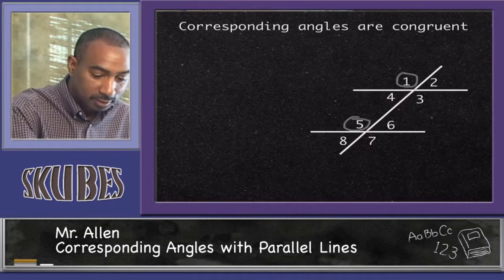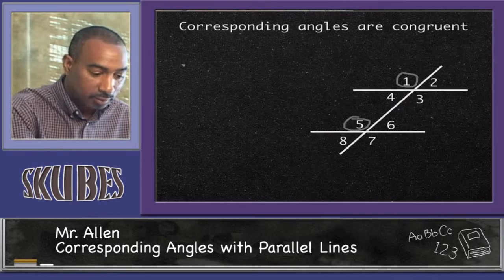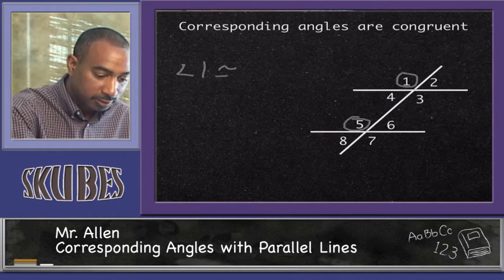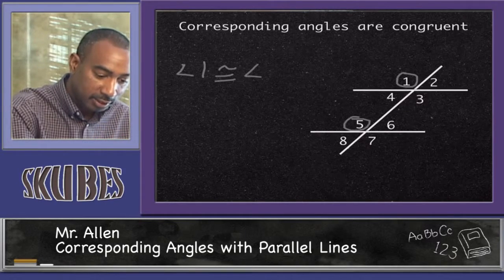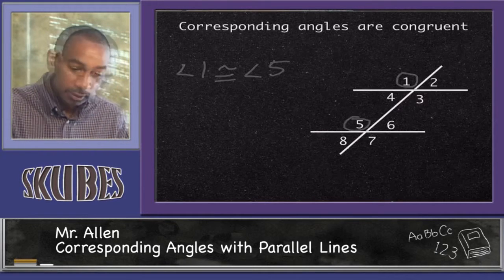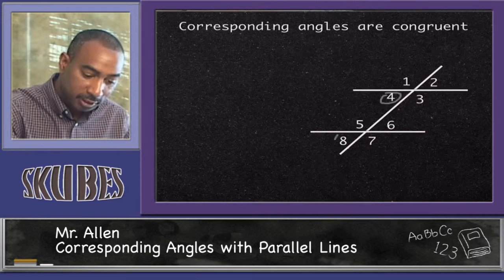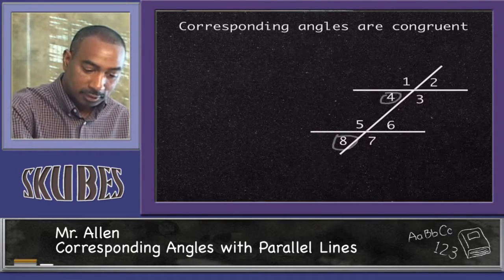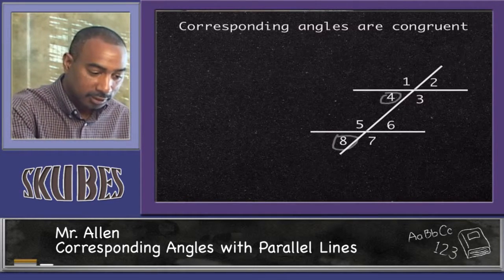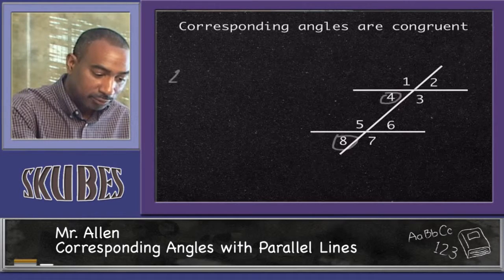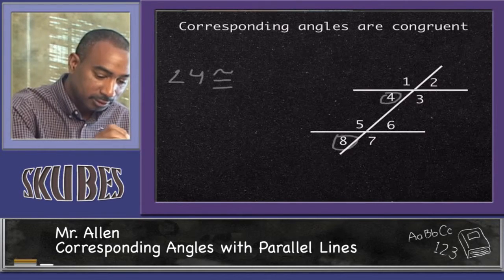Therefore, I can say angle 1 is congruent to angle 5. I also have angle 4 corresponds to angle 8. So I can say angle 4 is congruent to angle 8.